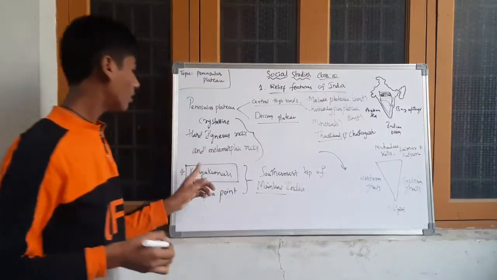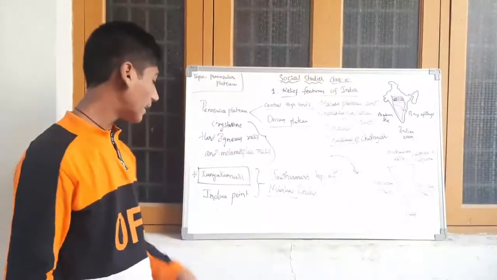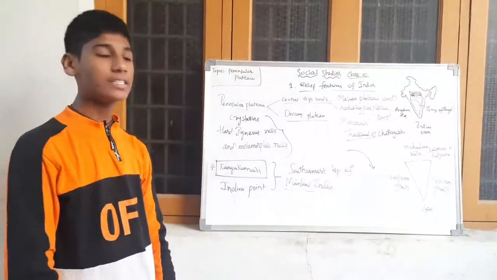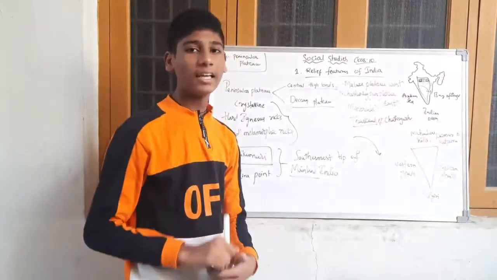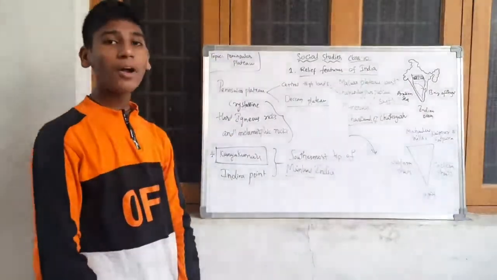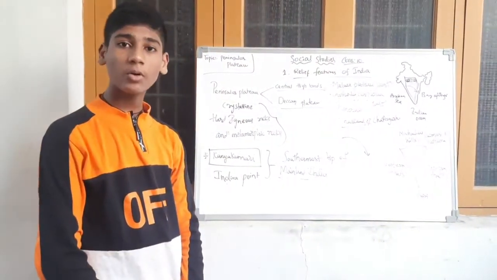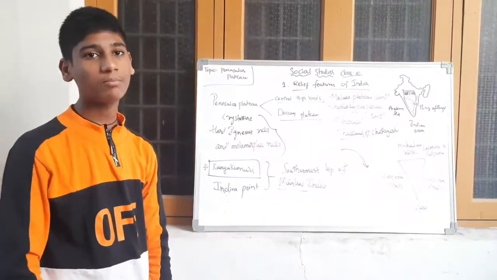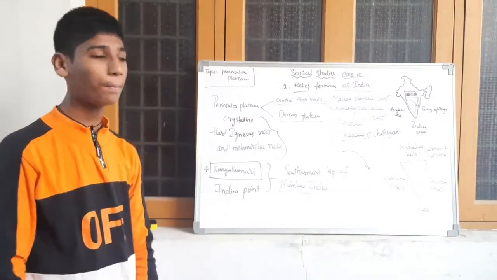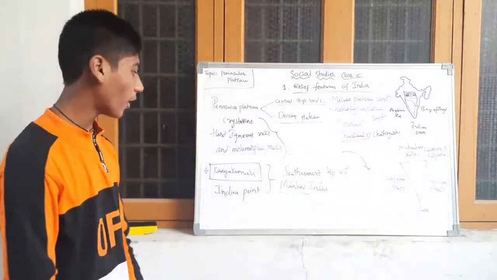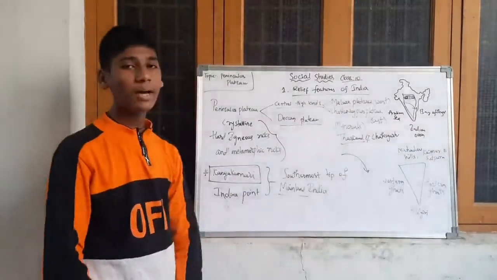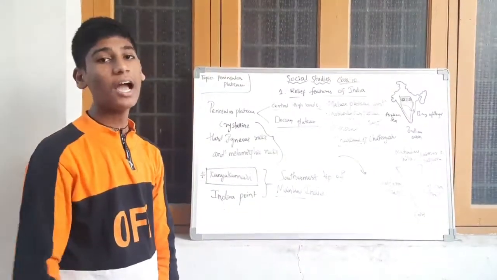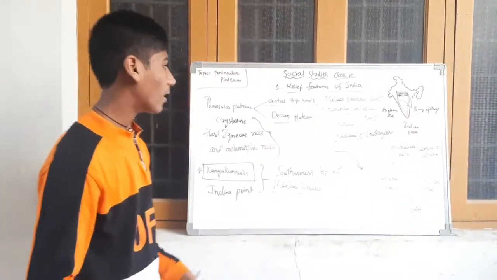Only on land Kanyakumari is the southernmost part, but among islands Indira Point is the southernmost tip of India. Why is Indira Point called the southernmost tip of India? Let us discuss it later in the islands topic. But now Kanyakumari is the southernmost tip of mainland India.